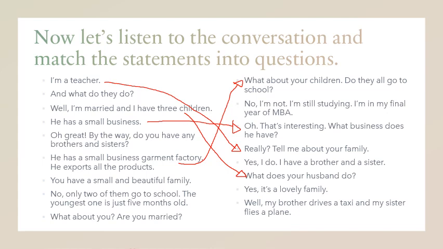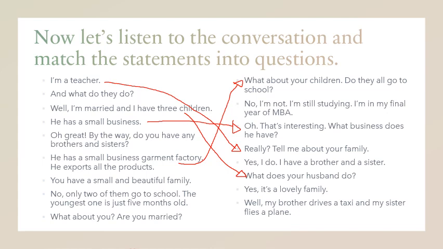Okay, what do you think, students? So, when the man asked the woman, what about your children? Do they all go to the school? What do you think is the answer of the woman?